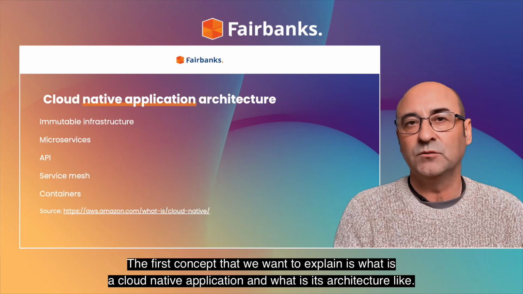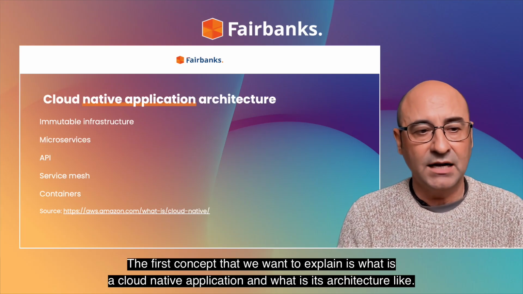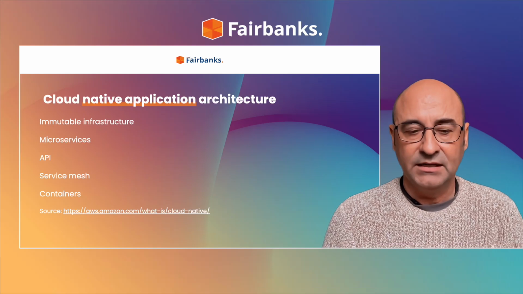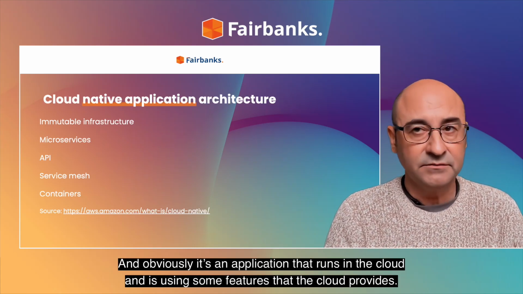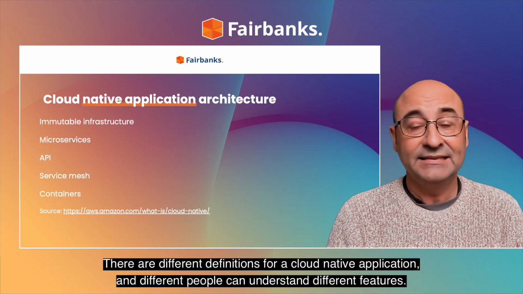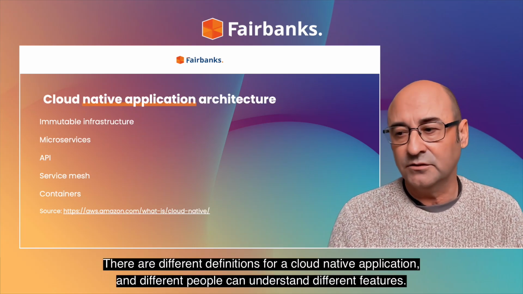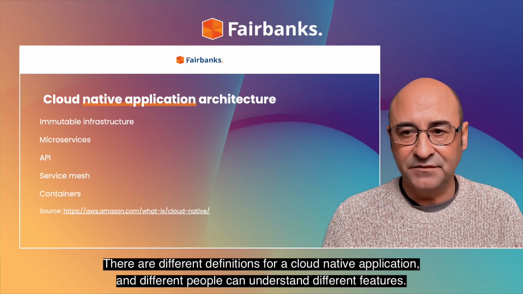The first concept that we want to explain is what a cloud-native application is and what its architecture looks like. Obviously, it's an application that runs in the cloud and uses some features that the cloud provides. There are different definitions for cloud-native applications, and different people can understand different features.